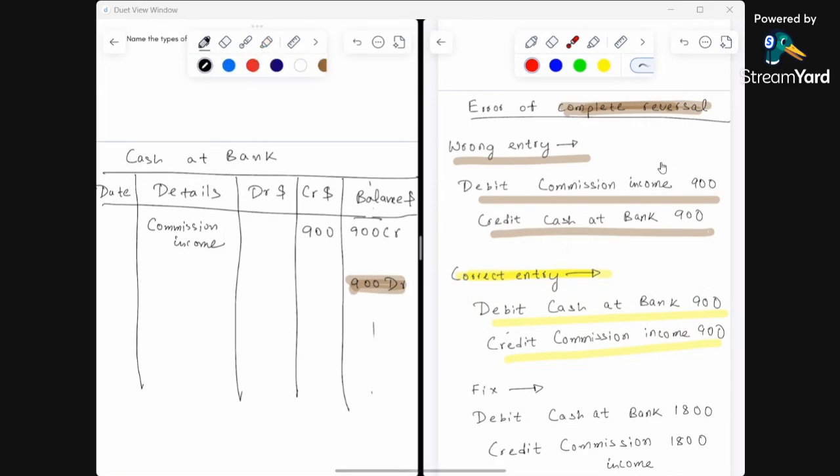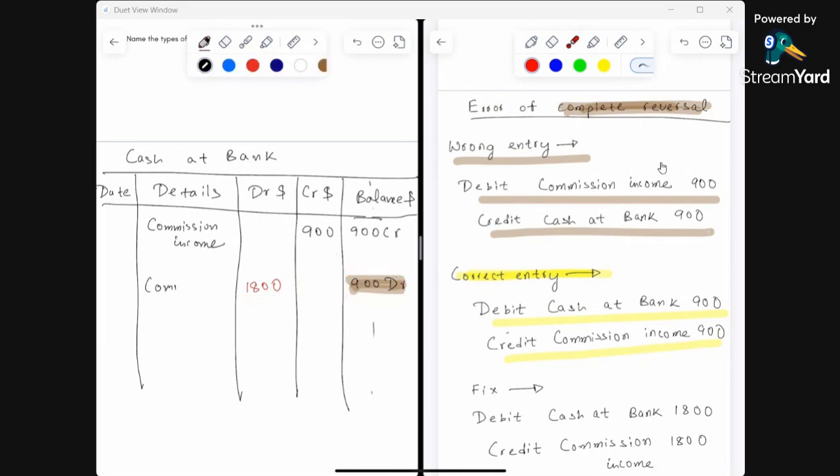How can we achieve this? To get a 900 debit, we need to have 1800 here on the debit side, which can offset the 900 credit that we had from the mistake we had done, and ultimately leaves us with a final balance of 900 debit. So what do we write here as the narration?